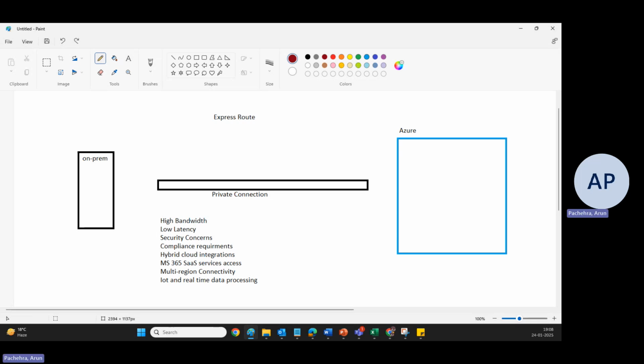So let's see the challenges one by one. If your customer has applications or workloads which require higher bandwidth, such as data migrations, backups, video streaming, or big data processing, which can be slow and costly over the VPN or public internet, because internet connections often lack sufficient bandwidth for high volume transfers, right?